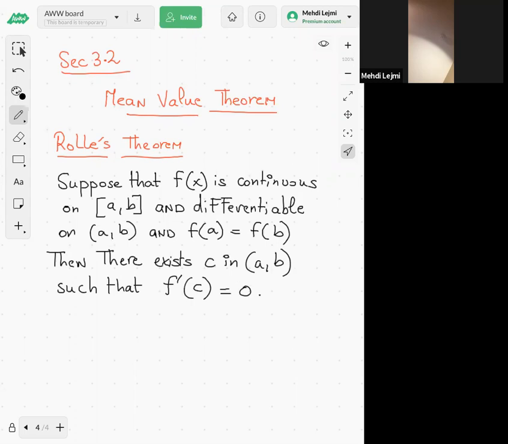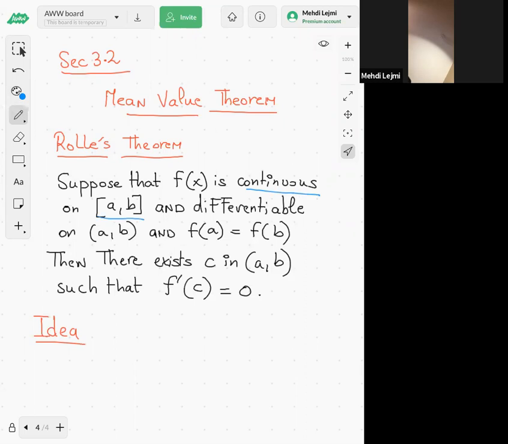All right. So the idea of this theorem is the following. Again, you have a continuous function, differentiable on this interval AB, right?